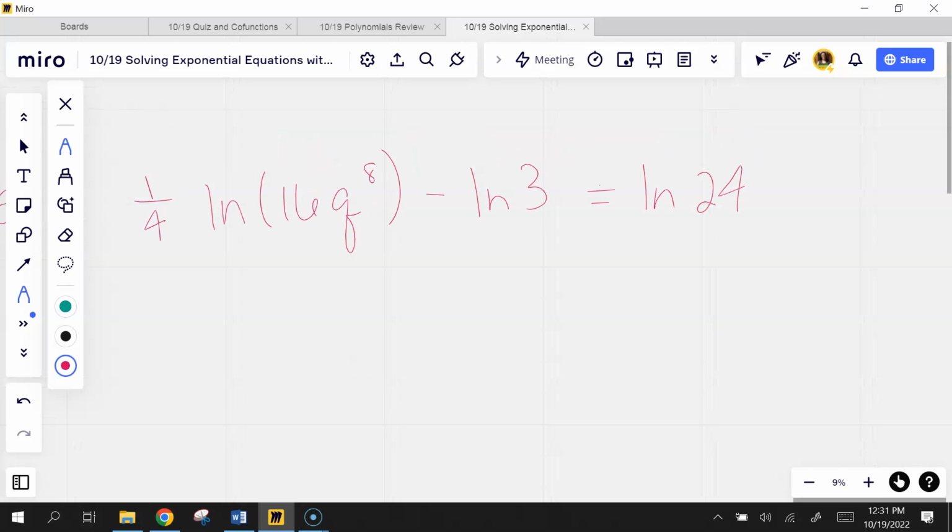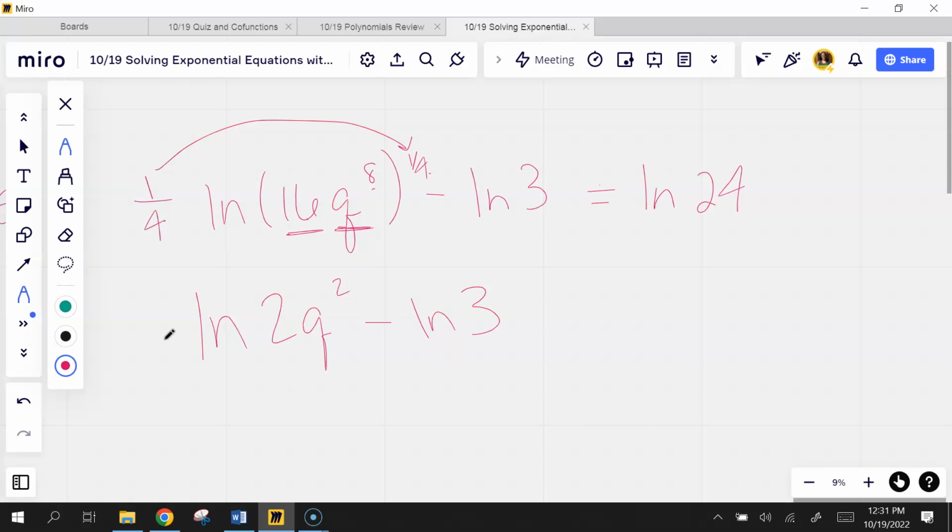Here, I'm going to bring this exponent around. Make sure when you do that, though, this exponent, because this is in parentheses, it's going to the 16 and the q, not just the q. So 16 to the 1/4, what times itself 4 times gives you 16? 2. And then if I've got a 1/4 here, a 4th times 8 is 2 again.